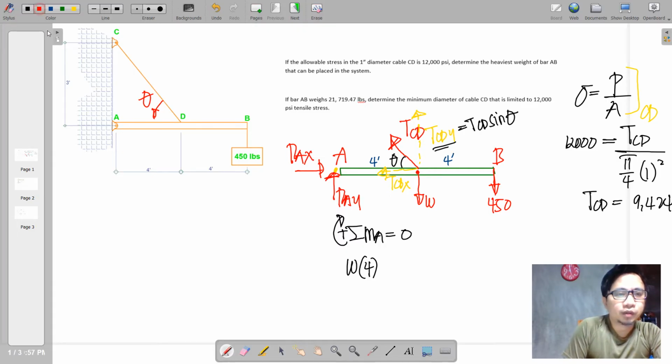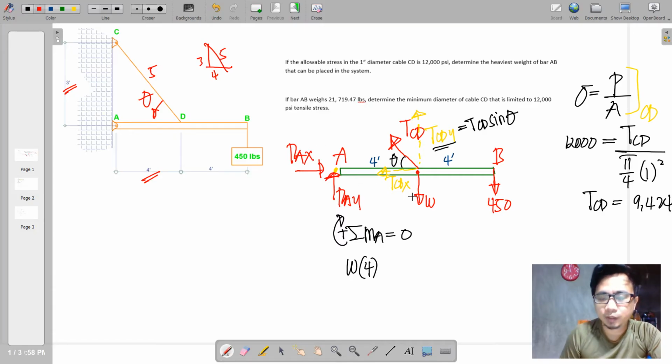So we determine the value of sine theta. Notice that we have here 3 vertical, 4 horizontal. Of course, we will yield a 5 hypotenuse of this slope. So we have a 3, 4, 5 triangle as the slope of that diagonal force CD.